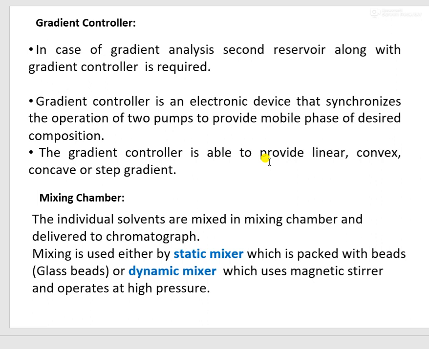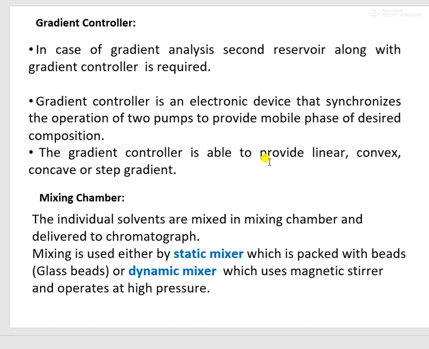A gradient controller is an electronic device that synchronizes the operation of two pumps to provide mobile phase of desired composition. The gradient controller is able to provide linear, concave and step gradient. There are different types of gradient: linear gradient, convex gradient, concave gradient or step gradient.